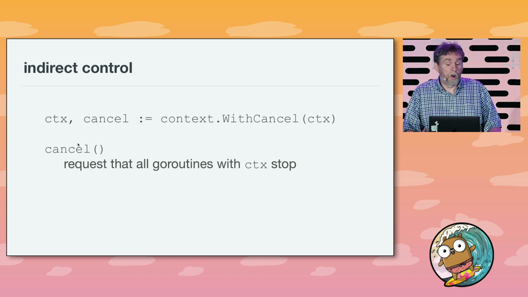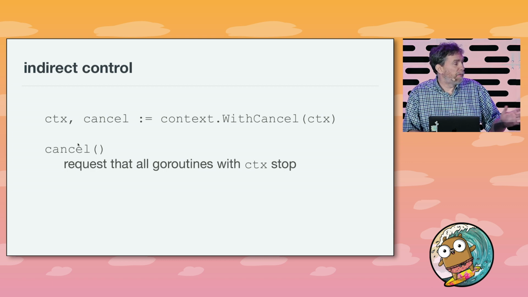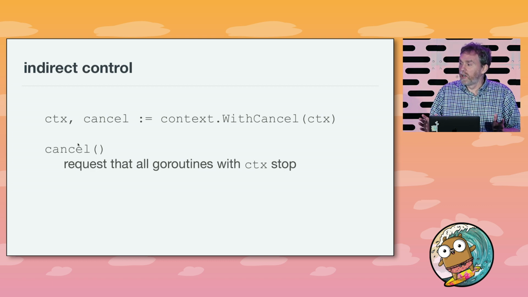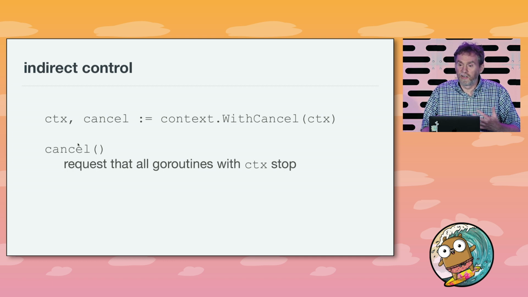So when you call context with cancel, how many people have ever used context before? Let's try that. Yes. So context is everywhere, especially if you work for Google. It's apparently required that you add context as an argument in the functions you make if you work at Google, just so you can manage the kinds of things that need to be managed.